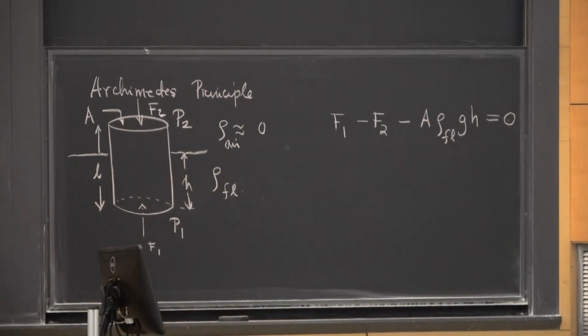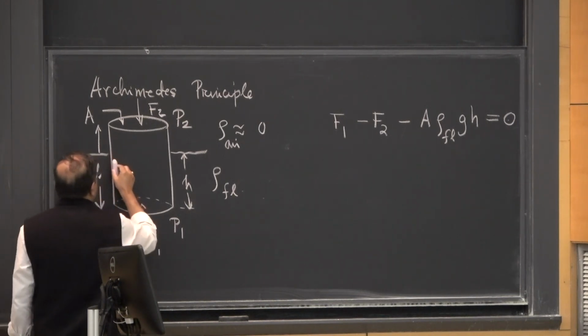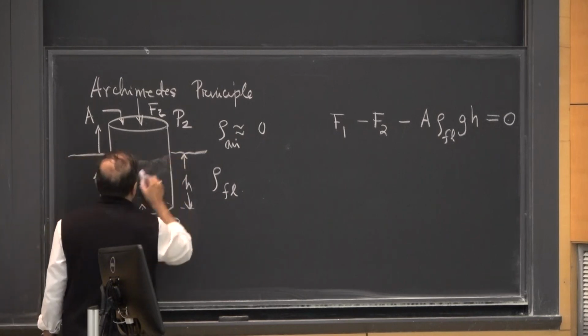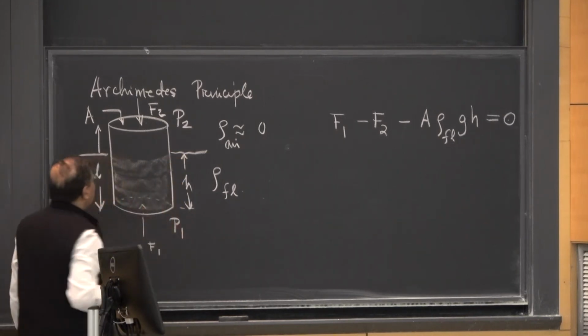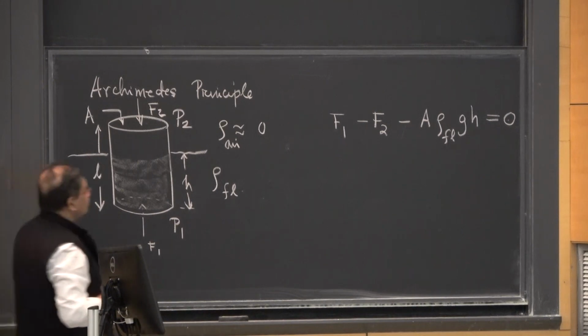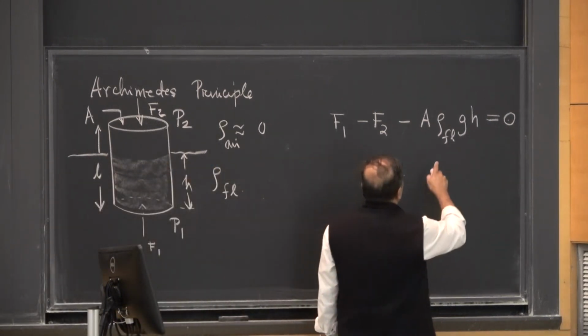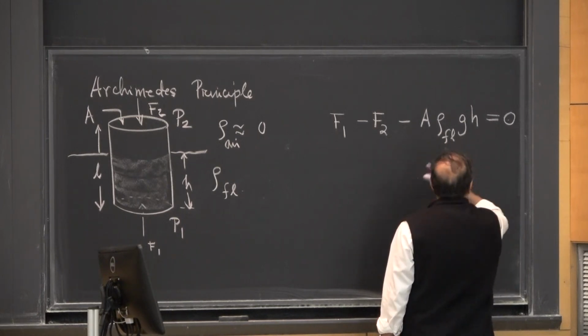Archimedes basically said that F1 minus F2 actually balances the displaced mass of the fluid. So you see this is partially submerged, as I said. So this part of the volume of the entire cylinder is underwater. So if you look at what I've done, it is the density of the fluid times the cross-sectional area times the height.